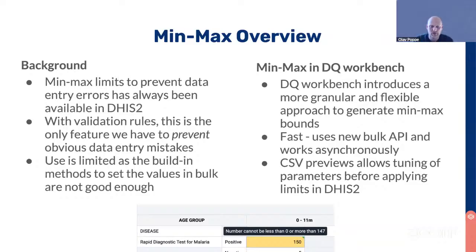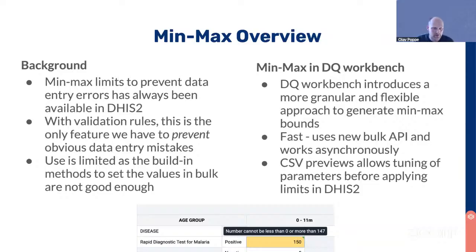So when you set up a min-max for one particular hospital, those values are only valid for that hospital. You have to set up different values for a different clinic, for example. So doing it manually doesn't really scale. And the functionality in DHIS for generating this in bulk doesn't really work well enough.